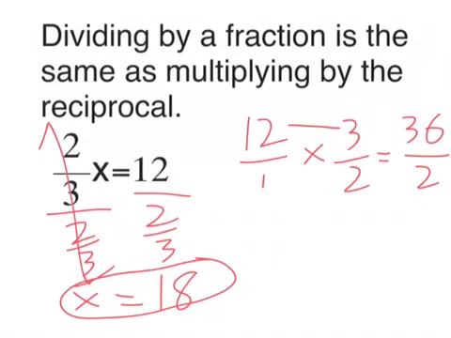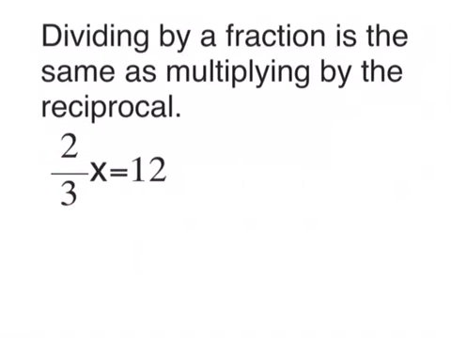So that's one way. The second way is to think of it like this. Instead of dividing by 2/3, we can just write it like we're going to multiply by the reciprocal. We can cross simplify, and that will all just cancel out. We're left with just x on this side.